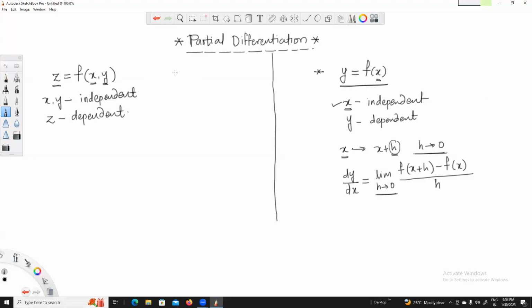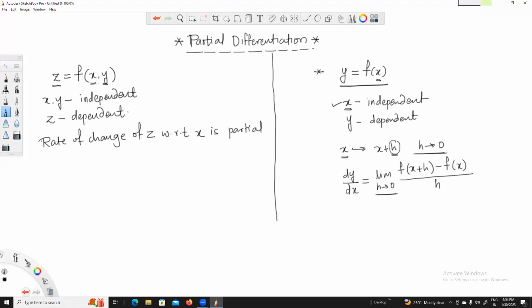So I am going to write this partial derivative. Let me write here. The rate of change of z with respect to x is a partial derivative. There we called it a derivative because we had only one independent variable x.